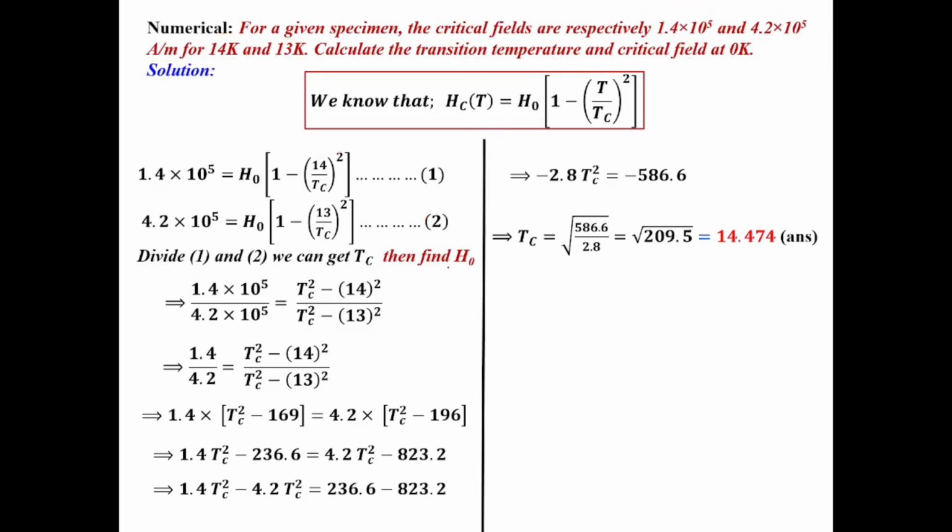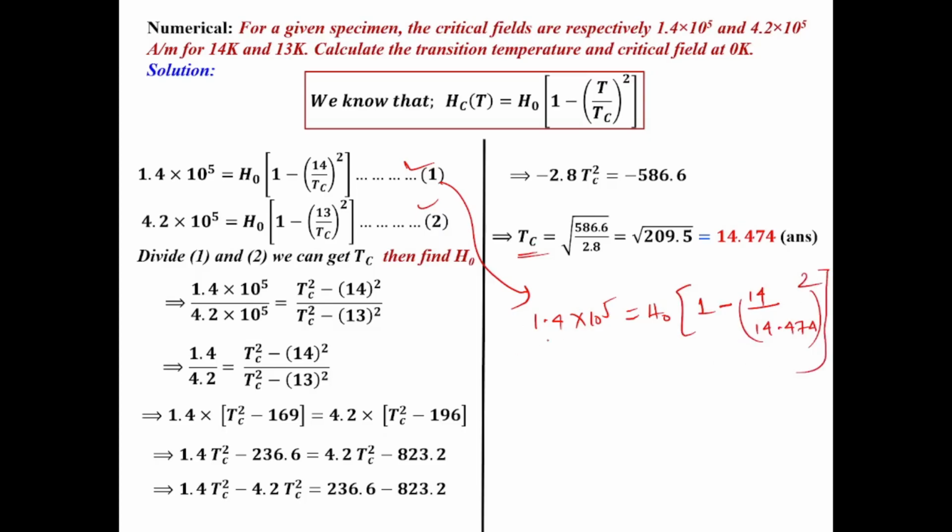Just divide equation number 1 by equation number 2. After solving, we find Tc equal to 14.474 Kelvin. Here Tc we found. Then we have to find H naught. Consider either equation number 1 or equation number 2. Consider equation number 1: 1.4 into 10 to the power 5 equals H naught into 1 minus 14 by 14.474, whole squared.